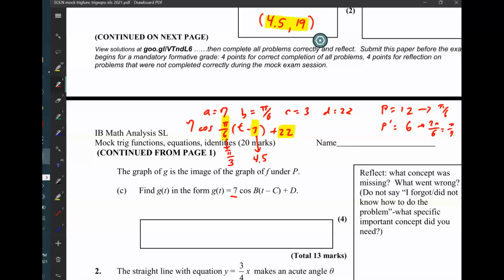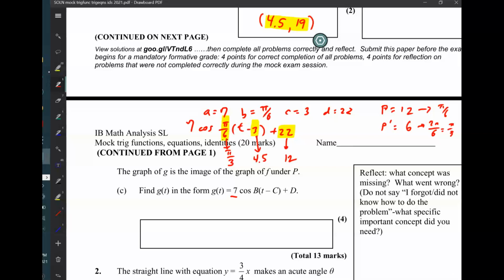And then finally, our D value. Our D value before was 22. But now that we are going to move it 10 units down, it should be 22 minus 10, which would be 12. Now, did the horizontal compression affect the D value? No. Did the horizontal translation affect the D value?